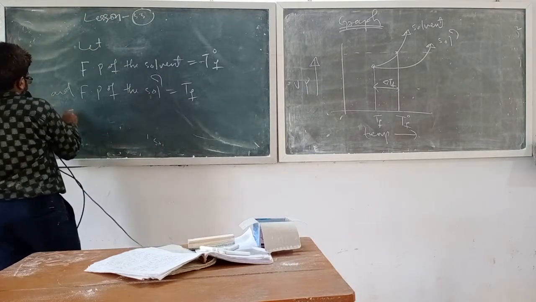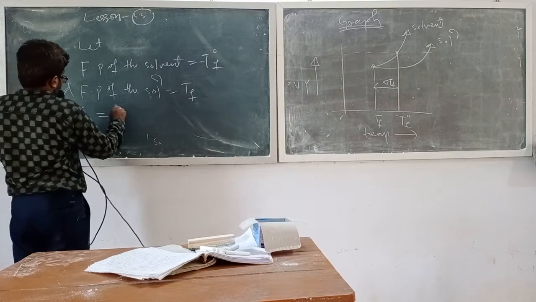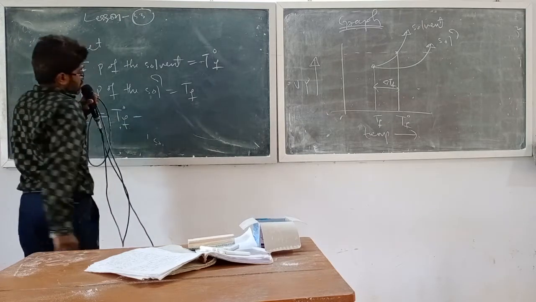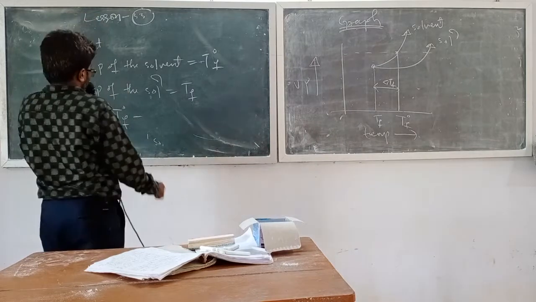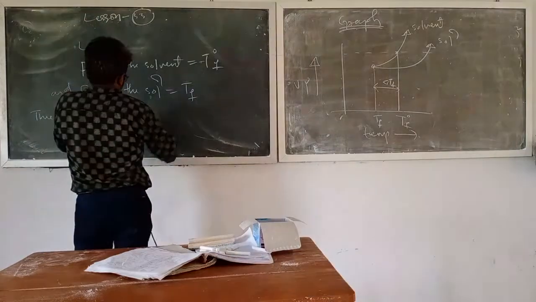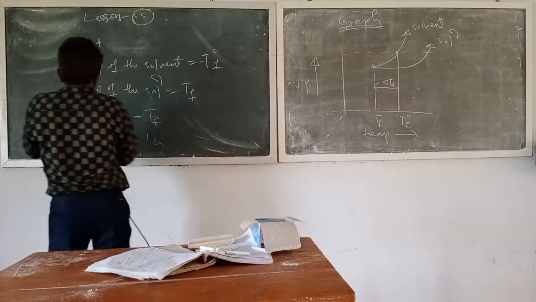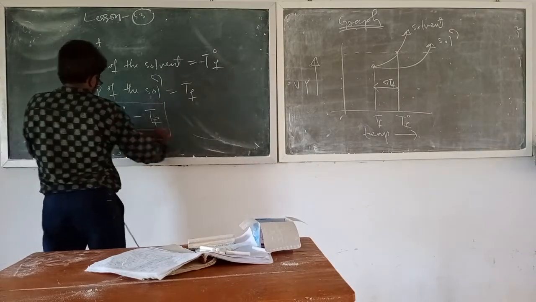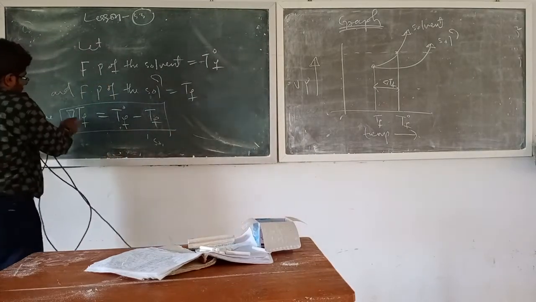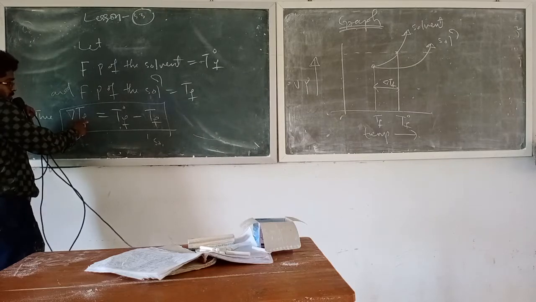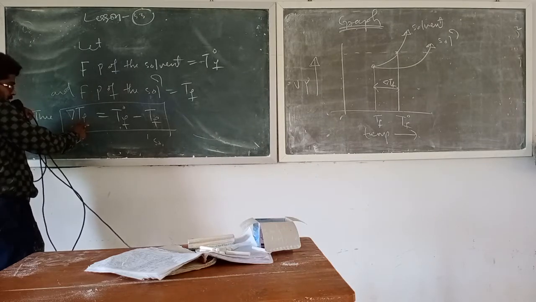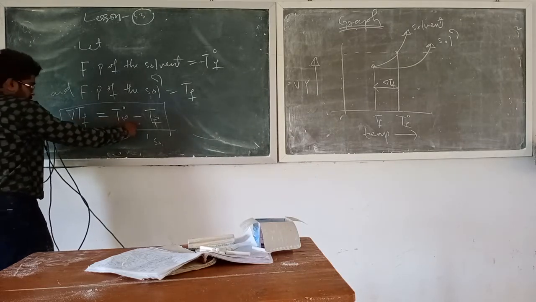Thus delta TF equal to T naught F minus TF. So this delta TF means the change in freezing point temperature. This is calculated from T naught F and TF.